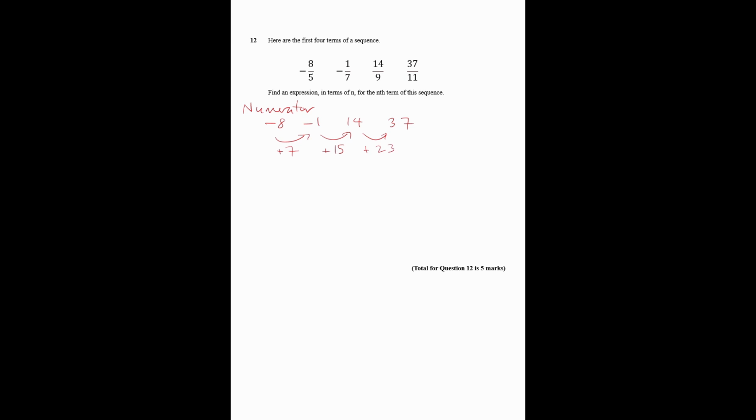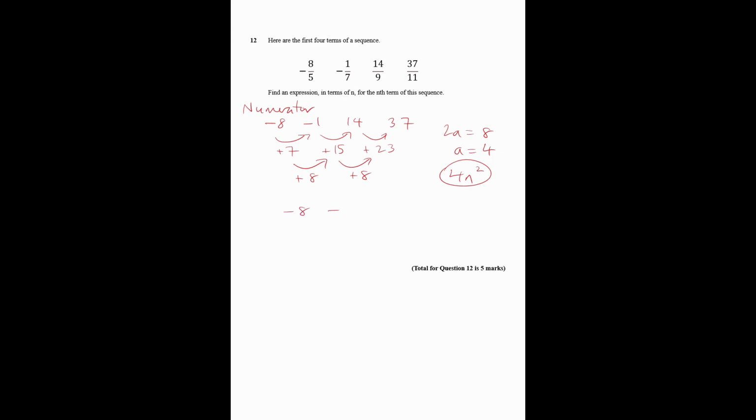So this is now the second difference. This looks like a constant second difference of plus 8. So we have a quadratic sequence here. So 2a equals 8, and that means a equals 4. So we have something that's based on 4n squared. That's my quadratic.